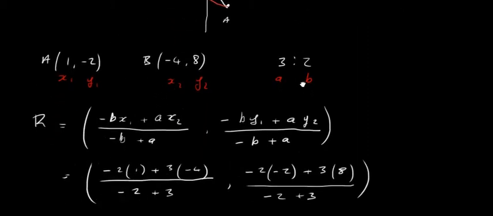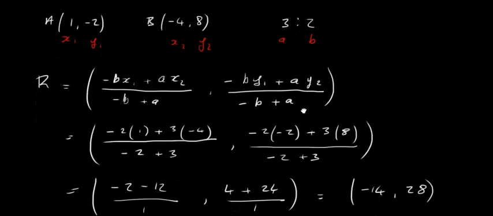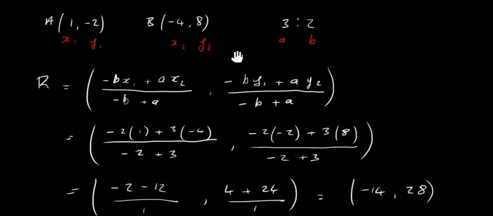I've written the formula down here, so it's minus b times x1 plus a x2 over minus b plus a this time, and the same, you've got a minus b and a minus b here. Other than that, it's exactly the same. So I've identified each of our numbers here. This is x1, y1, this is x2, y2, and we want to divide in the ratio 3 to 2 externally. So 3 is a, 2 is b. Put the numbers in.